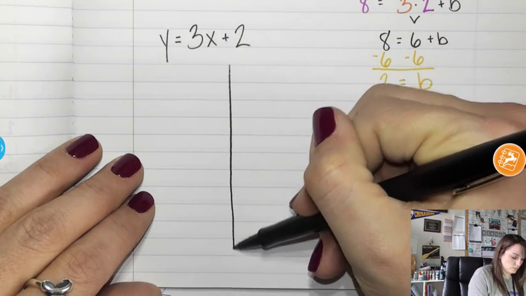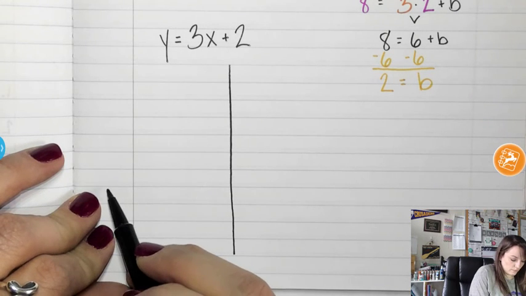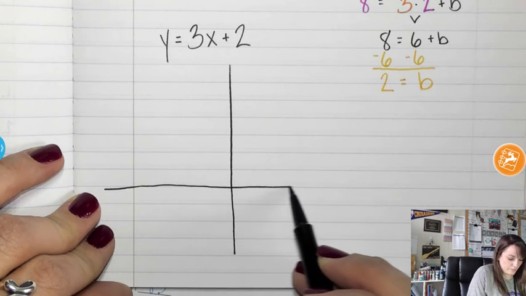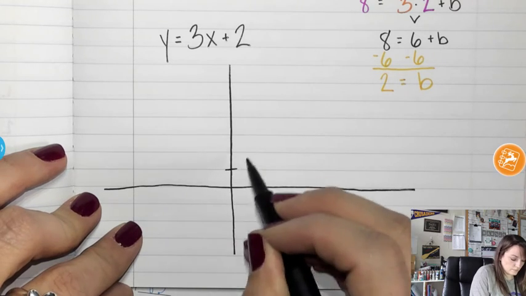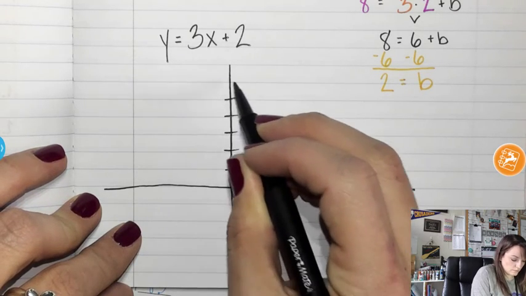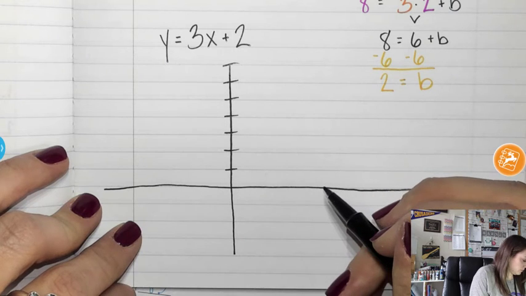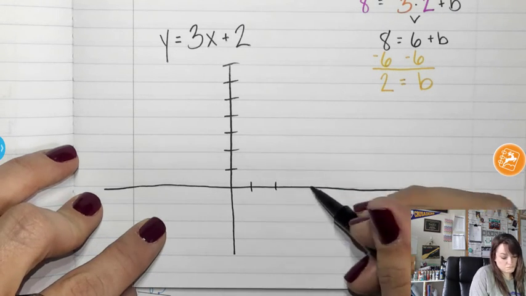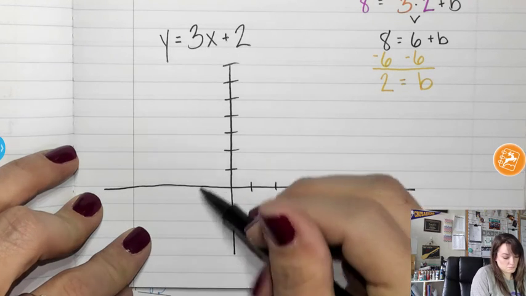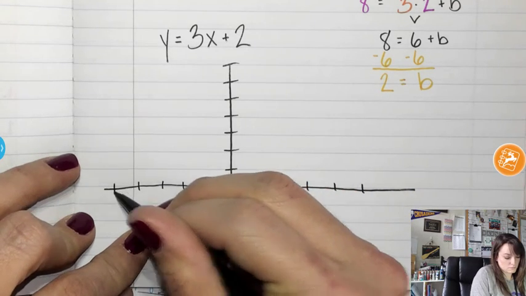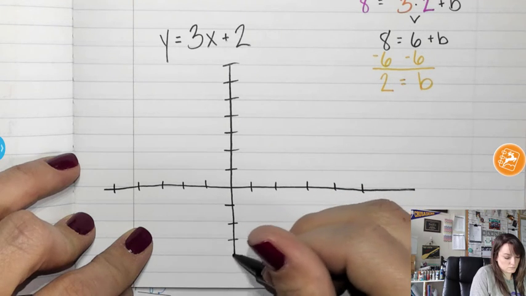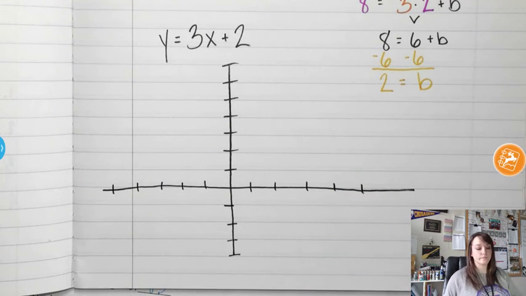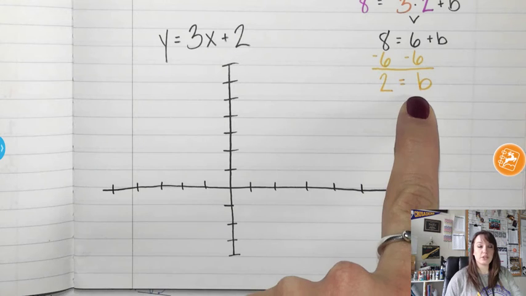I'm going to kind of hug the bottom. B is 2.